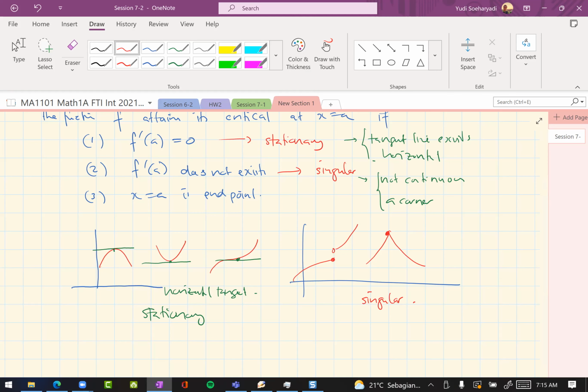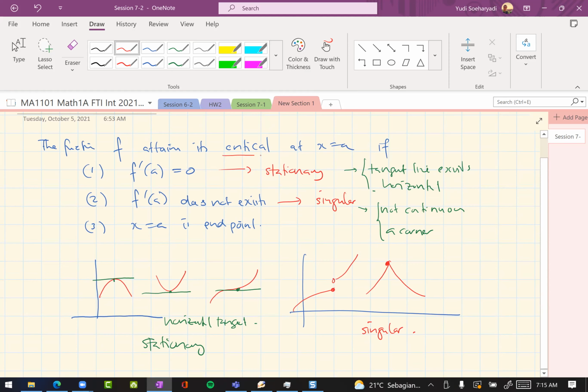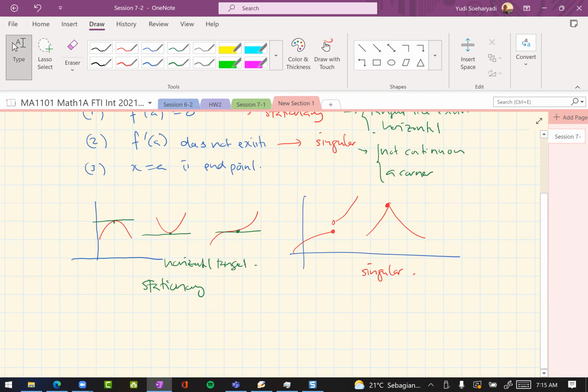All right. So what is our concern about the critical point? Okay. And sorry, this is the critical point. What we call the critical point is (a, f(a)). This is the critical point.